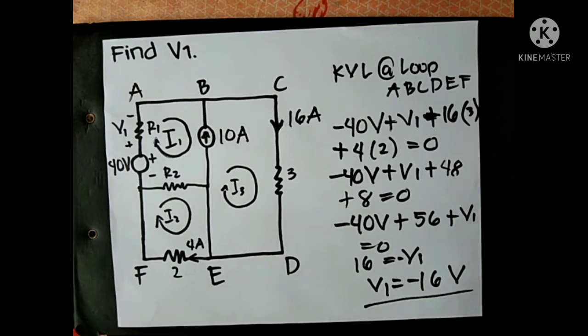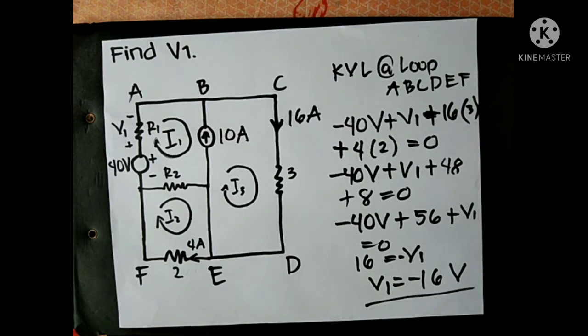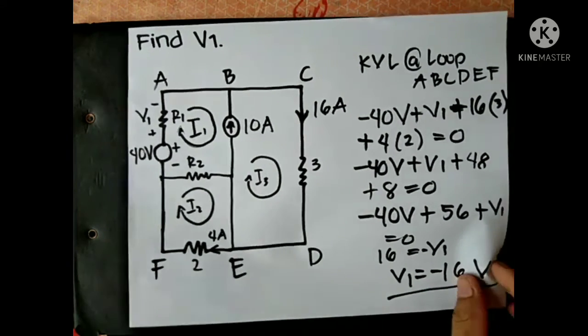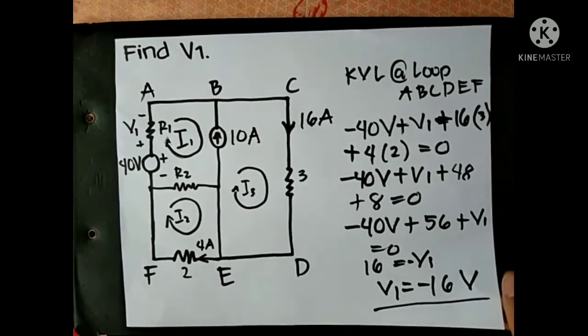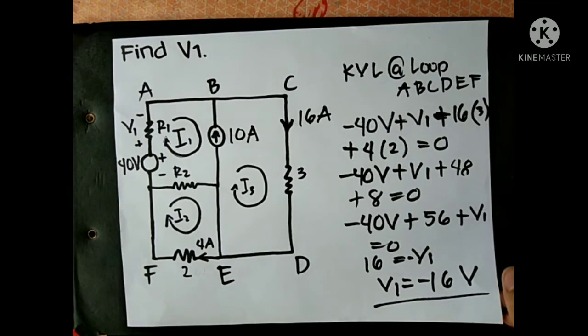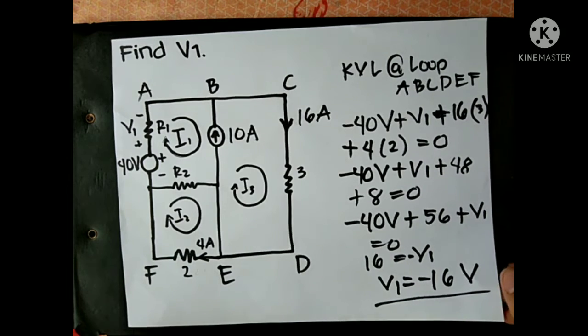Let's check if it is correct, as according to Kirchhoff's law, the algebraic sum of all the voltages in a closed path is equal to 0.